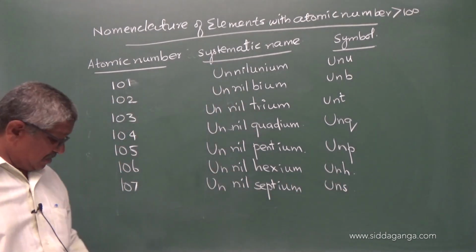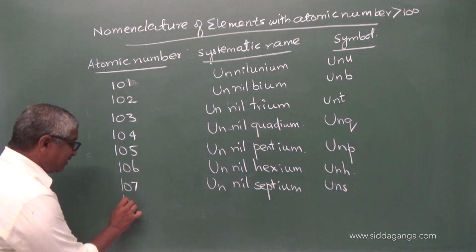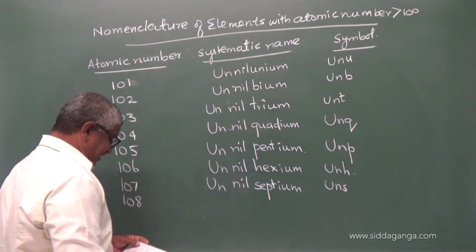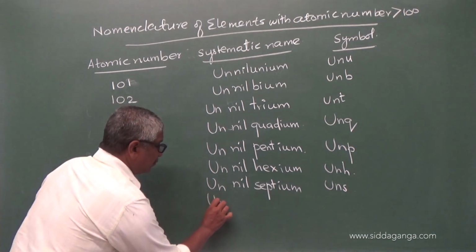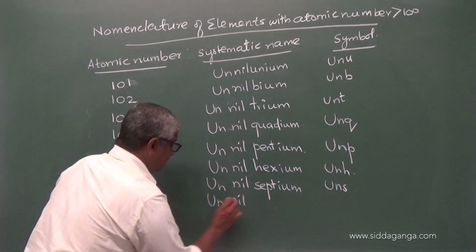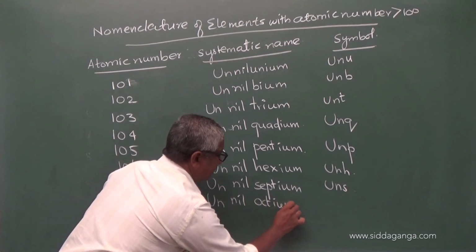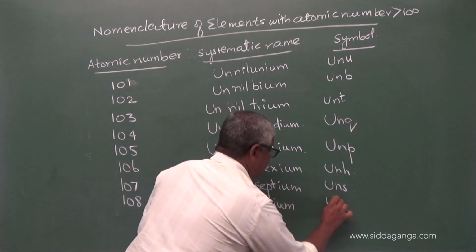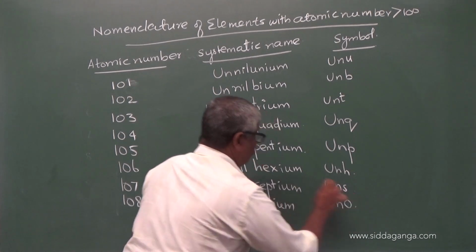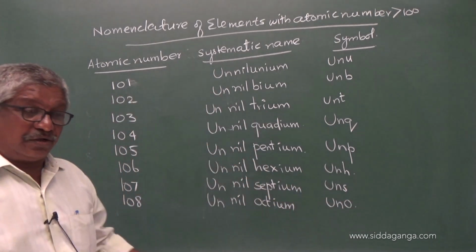Now 108: un nil, 8 indicates oct, unniloctium, UNO.